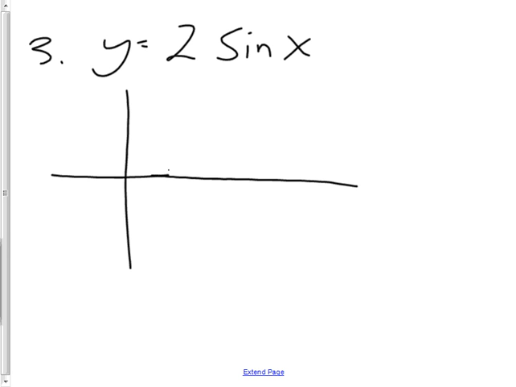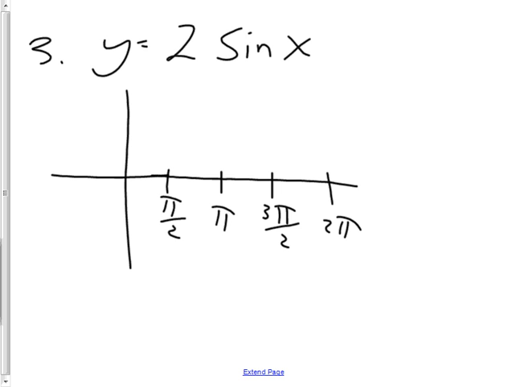And the 4 important spots are the first 4 notches. They are pi over 2, pi, 3 pi over 2, and 2 pi. Then graph on top of that the sine function.